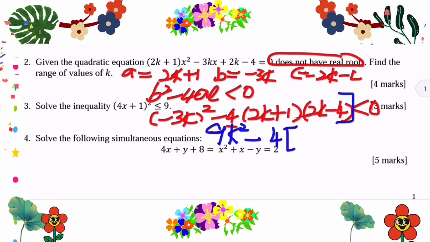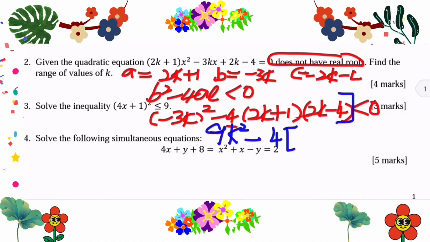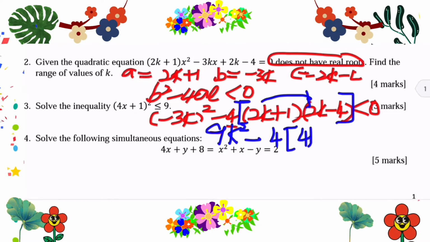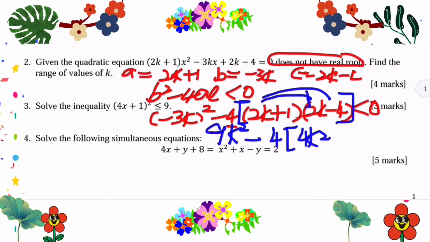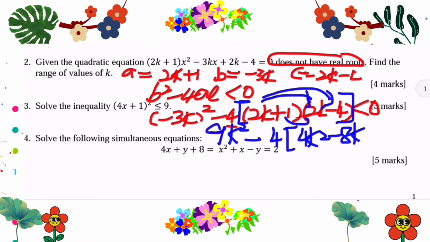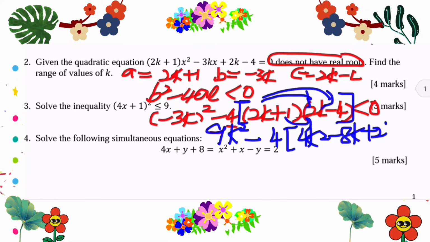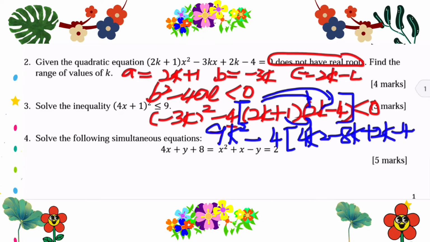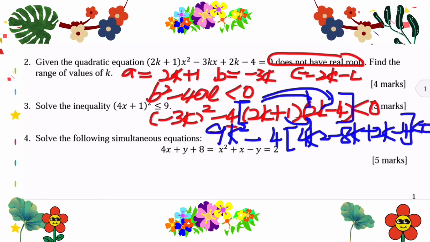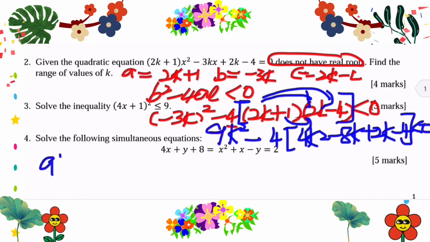So 2k times 2k, we will get 4k². Be very careful when we expand. Here is 2k times −4, which is −8k, and 1 times 2k will be +2k, and then −4 < 0.